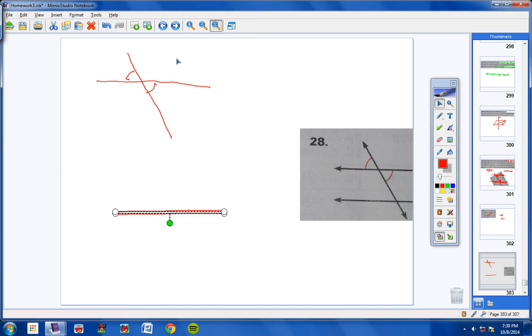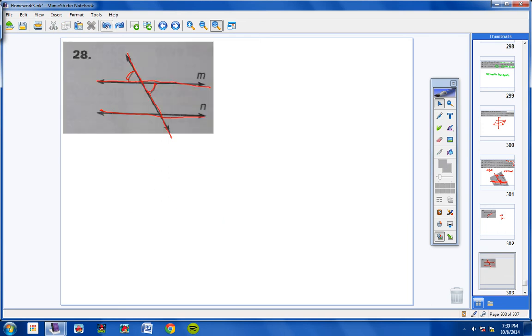But what I was going to show you is this. Just because these two angles here are congruent, vertical angles, doesn't mean this line here is parallel. I mean, I could do this, guys. I could draw a line like this and a line like this and state that this angle here is congruent to this angle here.